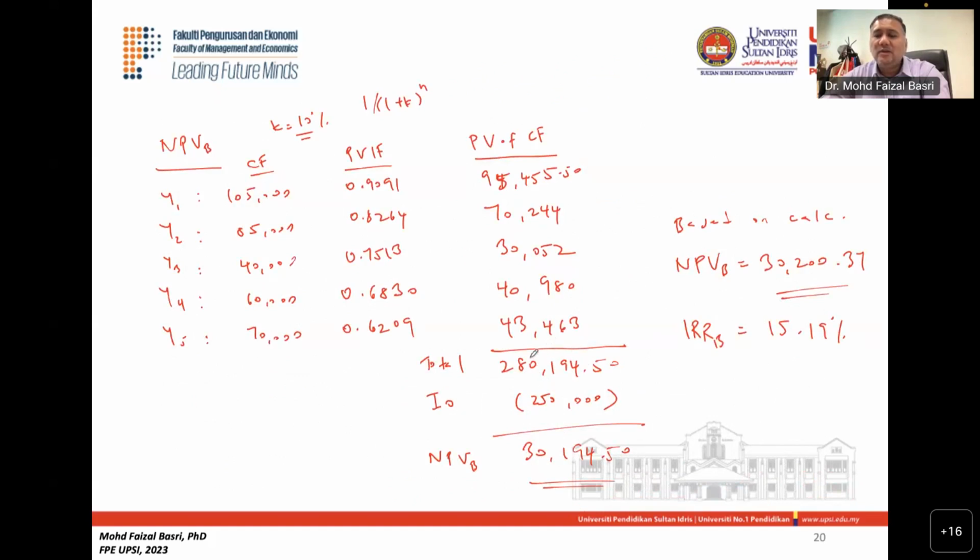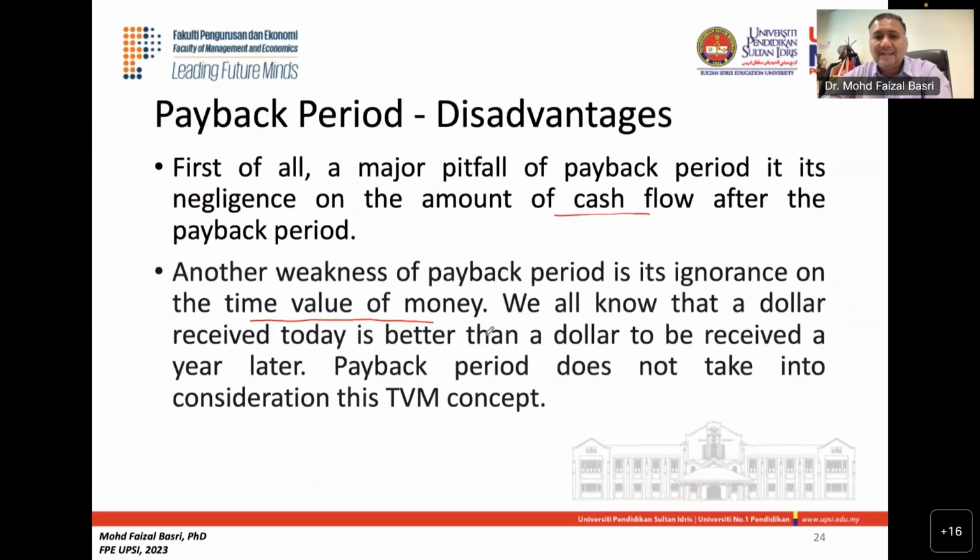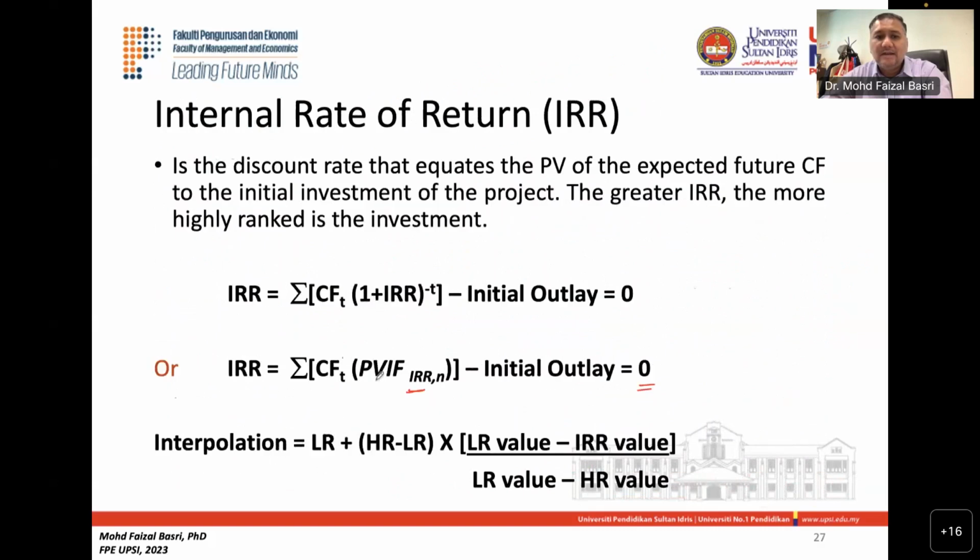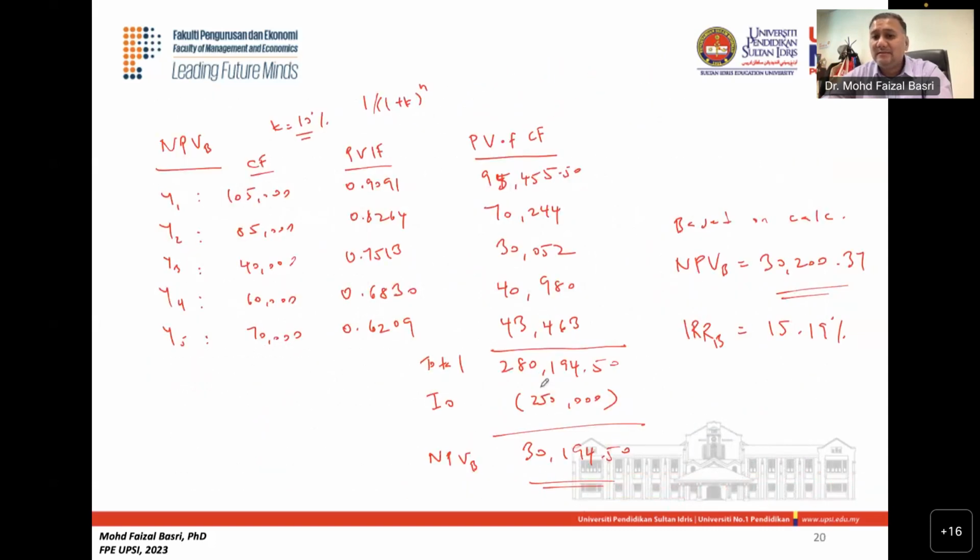So we want to know at what rate the total will be exactly 250,000 so that we get 0. So that's why we need another rate lah basically in order to get closer to 250,000.